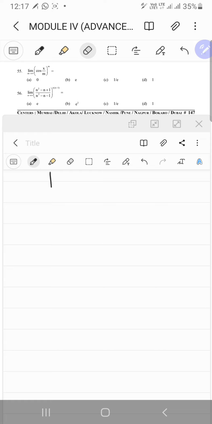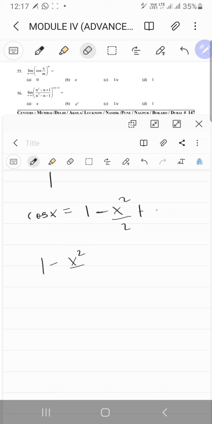Why do they give us these questions? Well, just use the Taylor series approximation for cosine. So cosine of x is given by 1 minus, yeah, it's a minus. So sine x is like 0 and then minus cosine x at 0 is minus 1, minus x squared upon 2 plus some other stuff, right? So this should just be 1 minus x squared upon 2m squared plus some other stuff which involves 1 upon m power 4, and all that raised to the mth power.